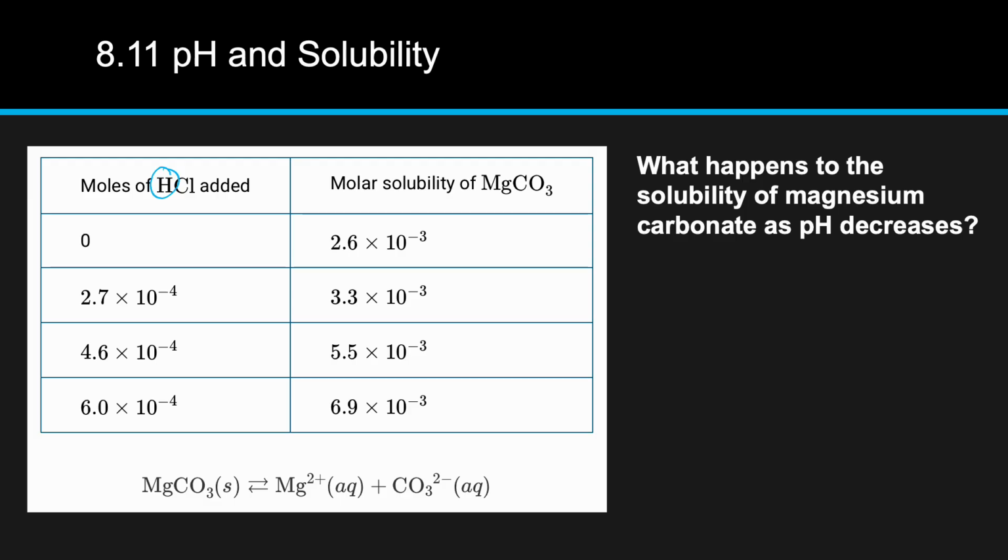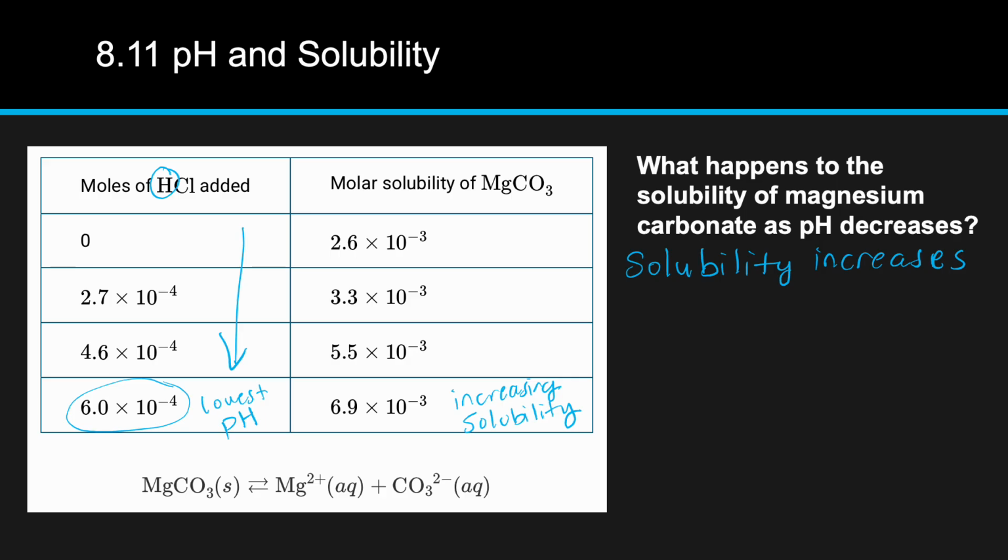So here at the bottom, I'm going to have my lowest pH. So as I am decreasing pH, you can see that I am increasing solubility. So the answer is there will be an increase in solubility.